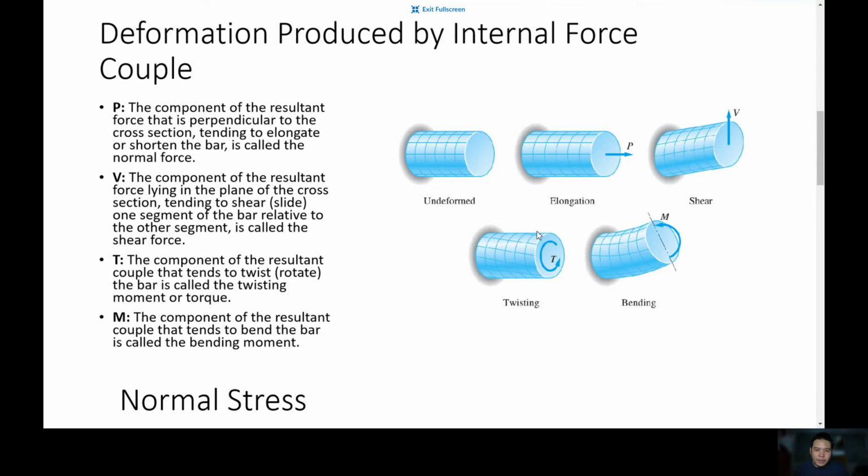So basically, if this is the undeformed material, then it is slightly rotating to the point where the twisting is going. It might be clockwise or counterclockwise. Slightly here, but if we elongate or expand the material to maybe about 100 meters, this may twist.